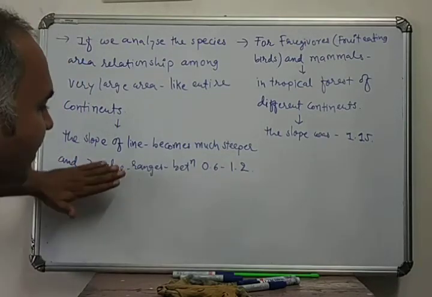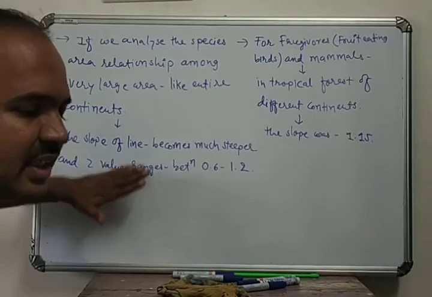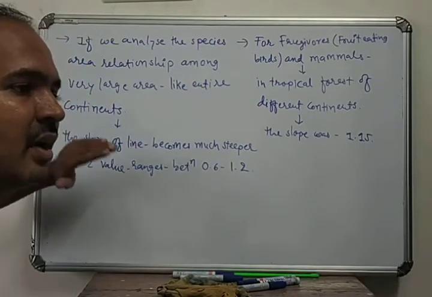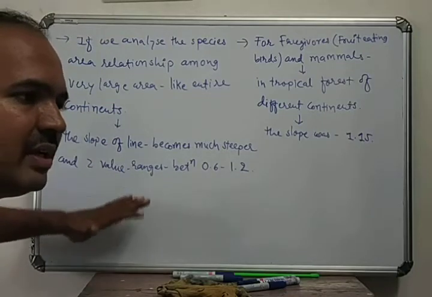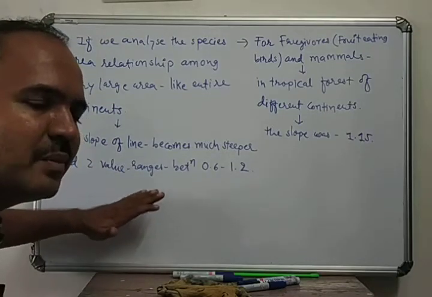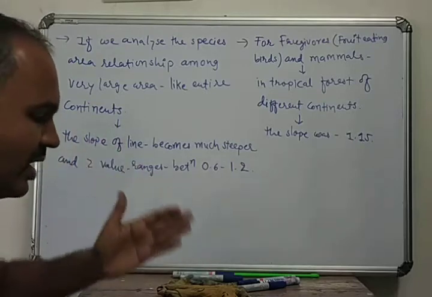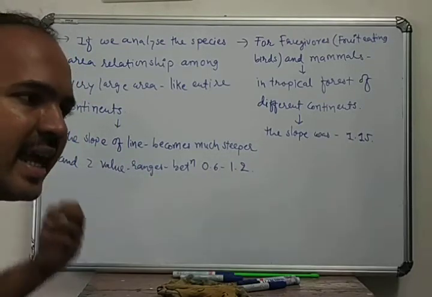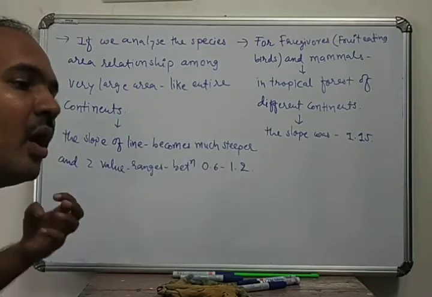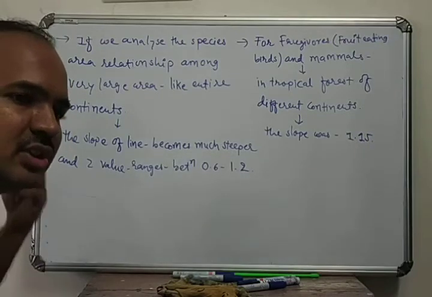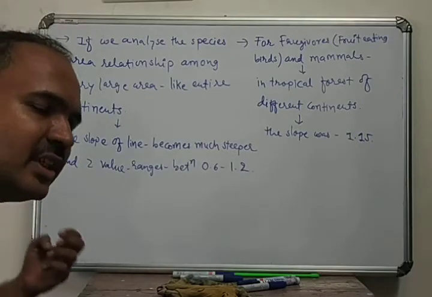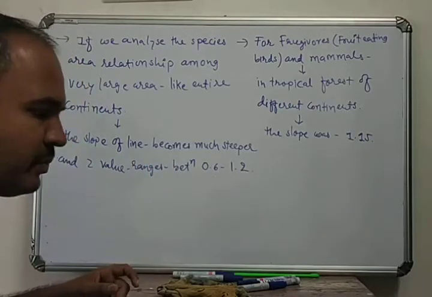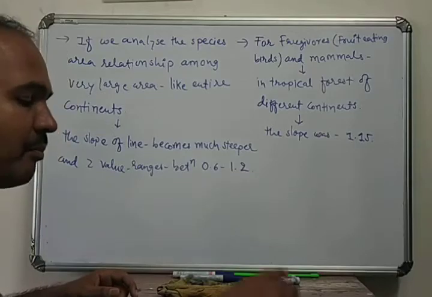So here the value of Z is increasing when we consider a very large area, or when we learn the species area relationship across the continent. At that time the Z, or slope, becomes much steeper and its value reaches up to 0.6 to 1.2.